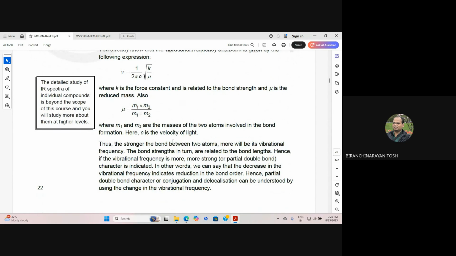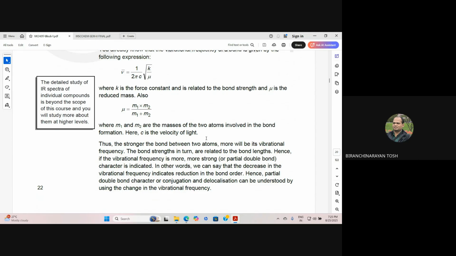The stronger the bond between two atoms, the higher its vibrational frequency. If the K value is more, then the frequency is also more. The bond strength in turn is related to the bond length. Hence, if the vibrational frequency is higher, strong bond character is indicated.